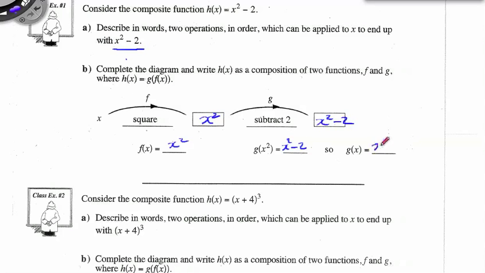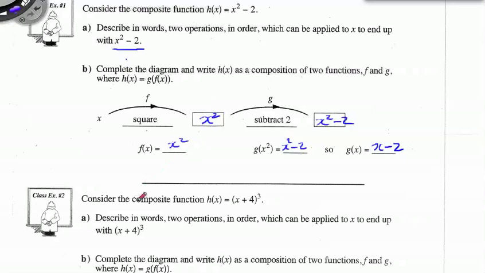Well, all g does is subtract 2 from whatever the input value is, whether it's x or x squared here. So that's what's happening here, where all we're doing is subtracting 2. So if we start with x, we'll get x minus 2. If we start with x squared, we'll get x squared minus 2.